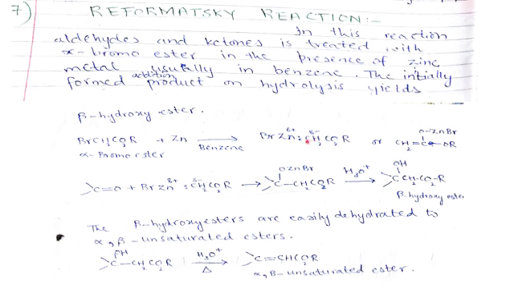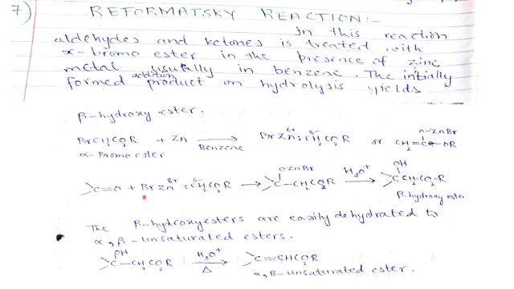Mostly, an organozinc reagent appears to form as an intermediate, and this actually adds to the carbonyl group of the aldehyde or ketone in a manner analogous to that of the Grignard reagent. This initially formed addition product upon acid hydrolysis will lead to the beta hydroxy ester molecule.